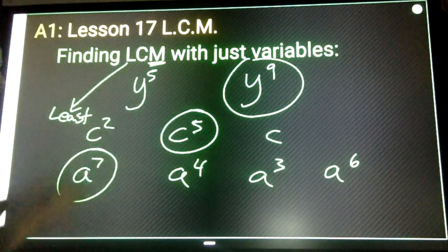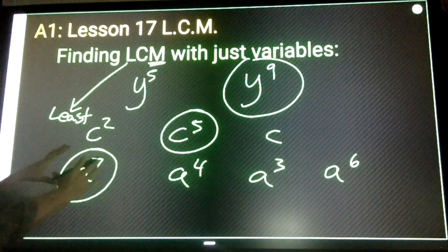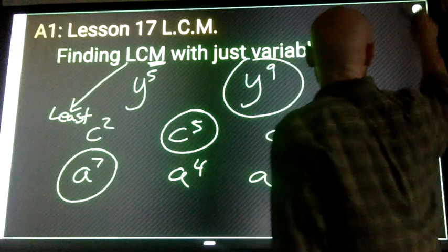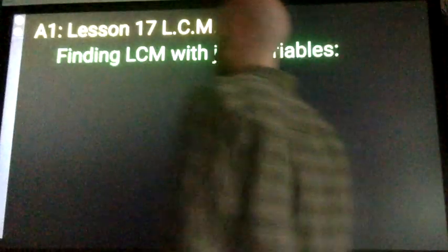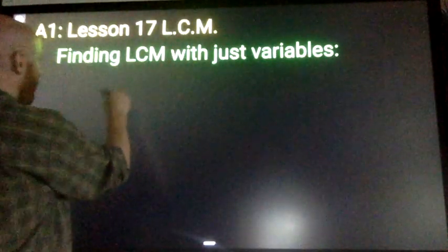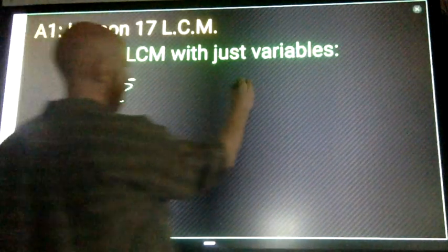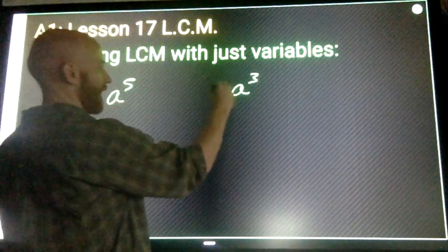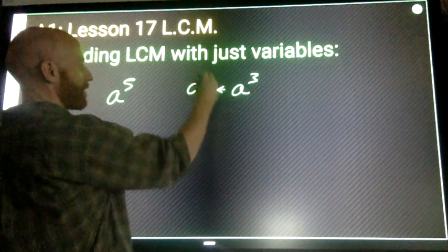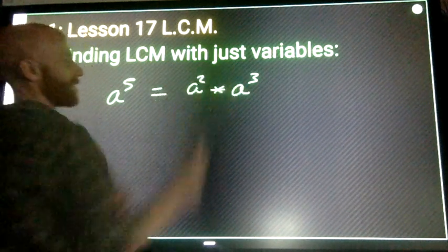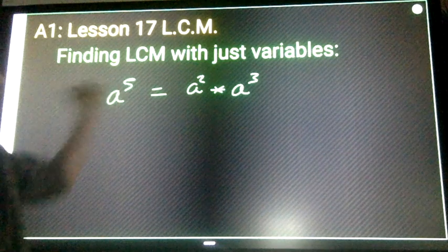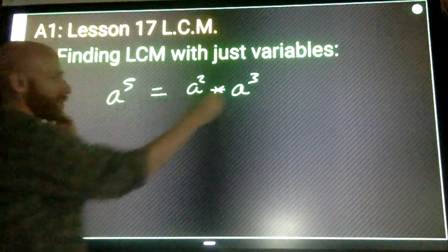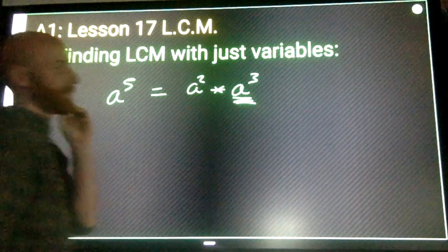Again, the reason that this is the least common multiple is similar to what I showed with the last lesson. If I've got a to the 5th and a to the 3rd, I know that some number, a squared, times a to the 3rd will give me a to the 5th. That means a to the 5th is a multiple of a to the 3rd.